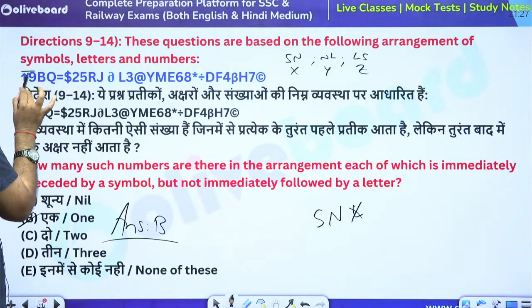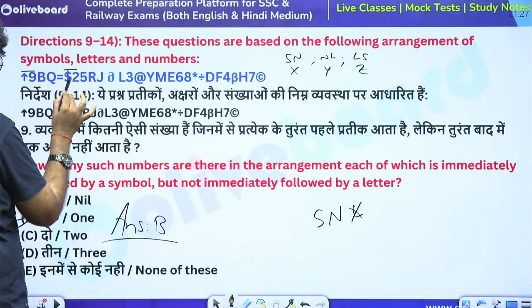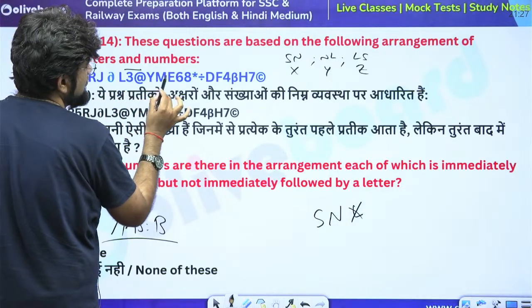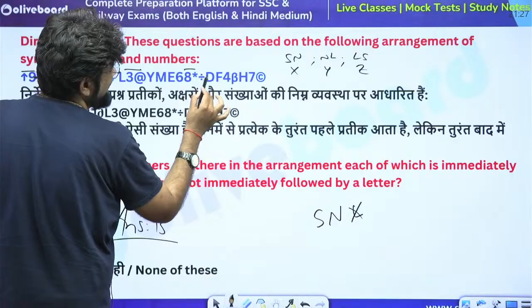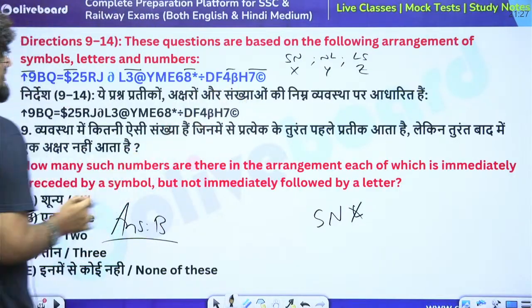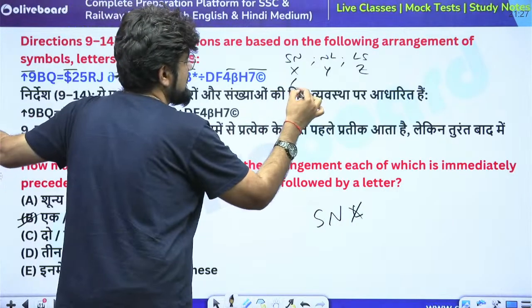So symbol number, symbol number, symbol number, and symbol number. So we get 6 here. X is 6.